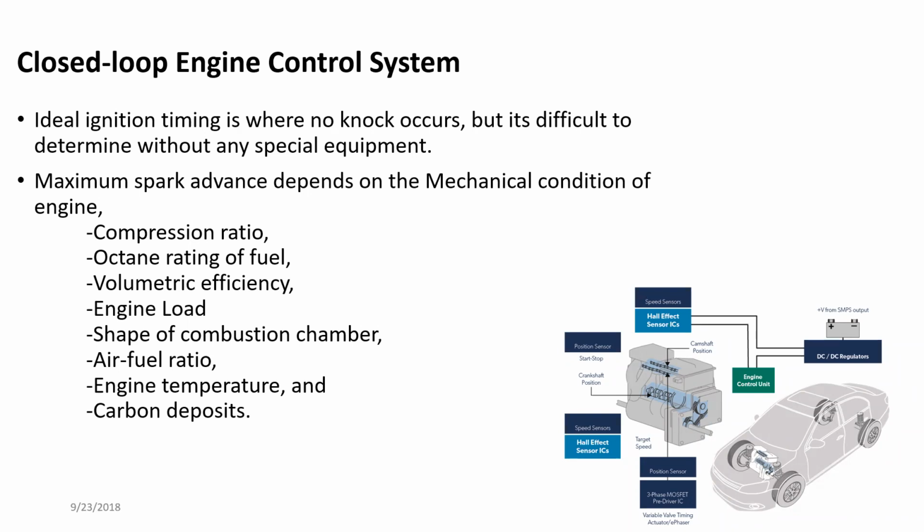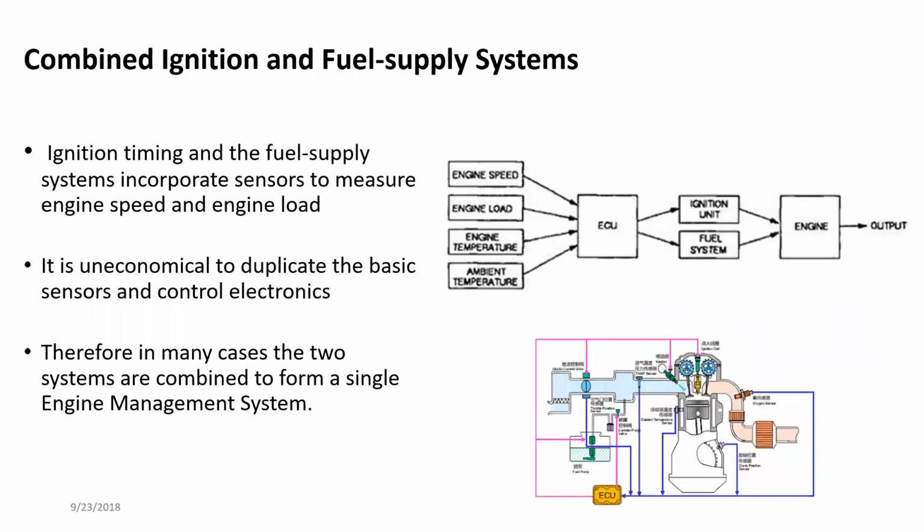The knock sensor is mainly used for the ignition timing, and the fuel system uses the oxygen sensor for its feedback signal. Even though we discuss these as two separate systems, both of them are working together, right?